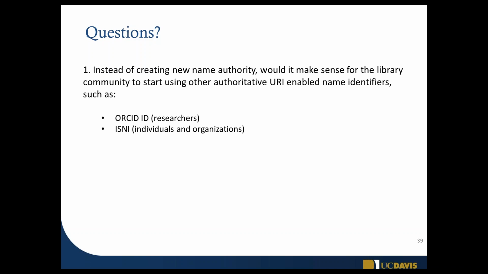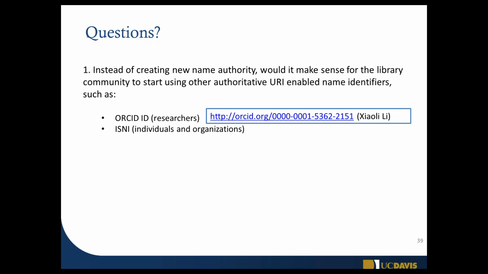So, two examples. ORCID ID, which many researchers have started using or have been using, regardless of whether a person published something in a monograph or in any formal publication or not. So there is an ORCID ID for many people, including myself.